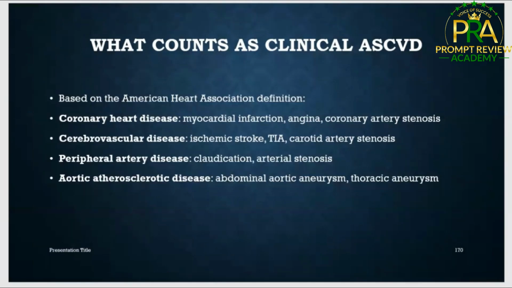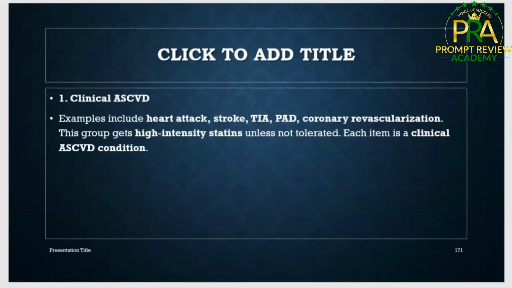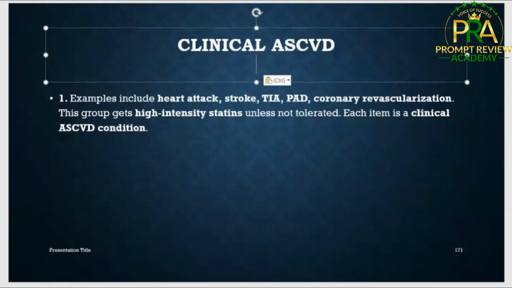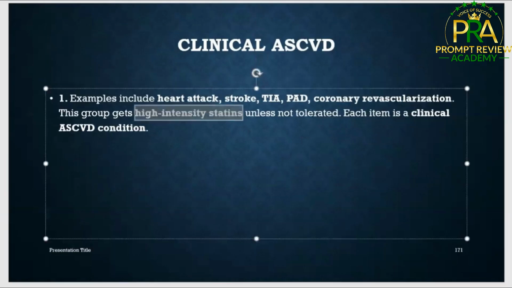What does the guideline say? The guideline says that those people have to be on high intensity. So anybody that has this, which the American Heart Association considers clinical ASCVD, has to be on high intensity. That means you are going to give them Rosuvastatin or Atorvastatin.